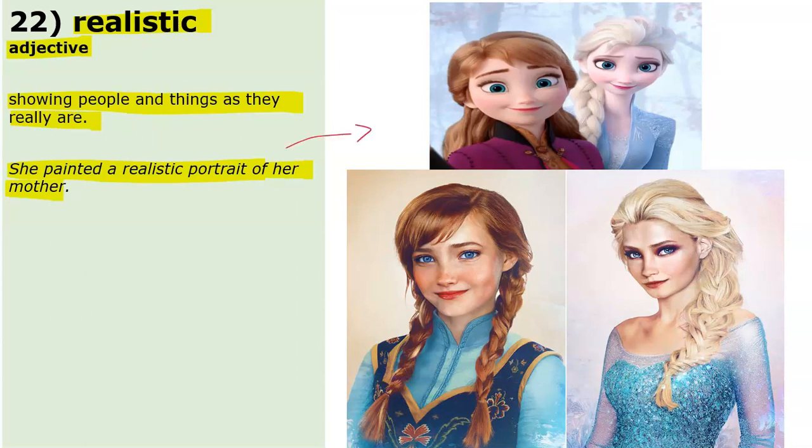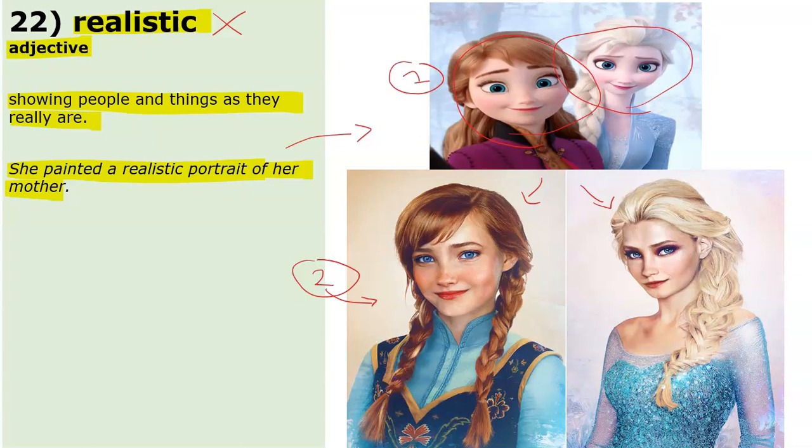There is Anna and Elsa. And this first picture here, it is not realistic because people don't look like this. This is a cartoon drawing. But this second picture here, we can call it realistic because it looks like a real person. This is not a real picture.